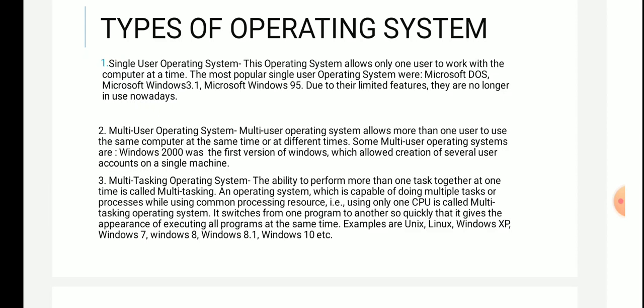We can listen to music, type something, search something on the internet, and take printouts from the printer. Some examples for this type of operating system are Unix, Linux, Windows XP, Windows 7, Windows 8, 8.1 and Windows 10, etc.